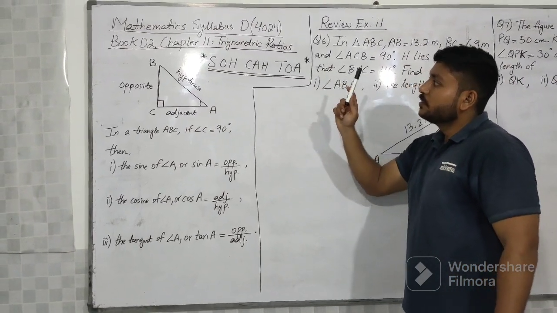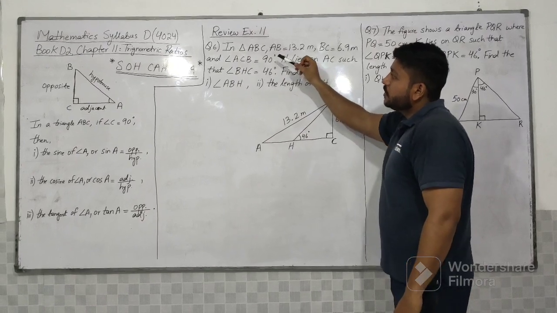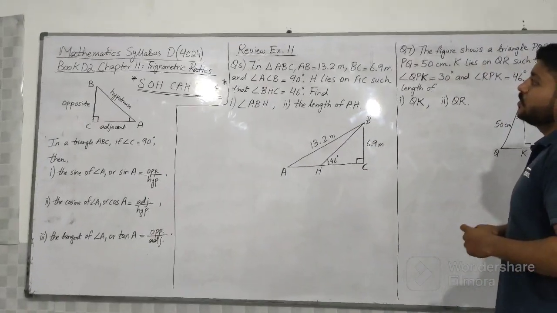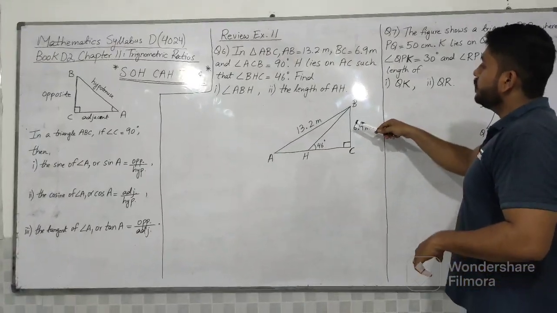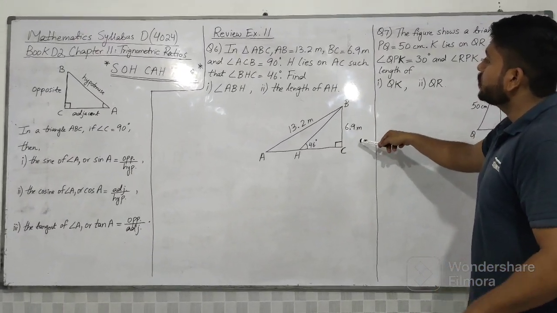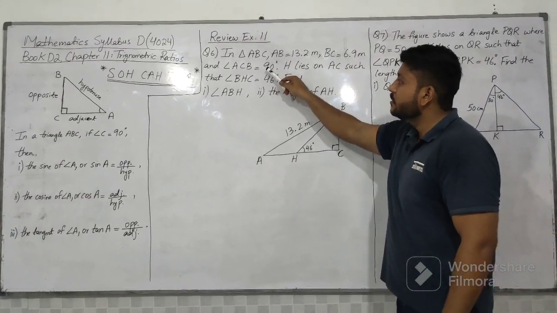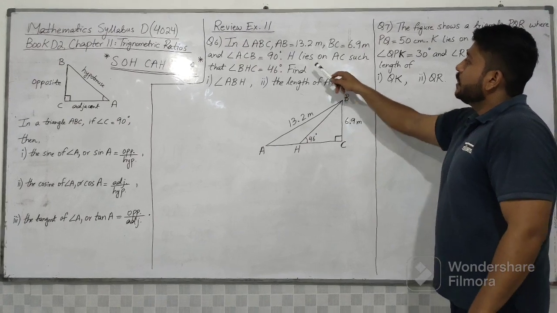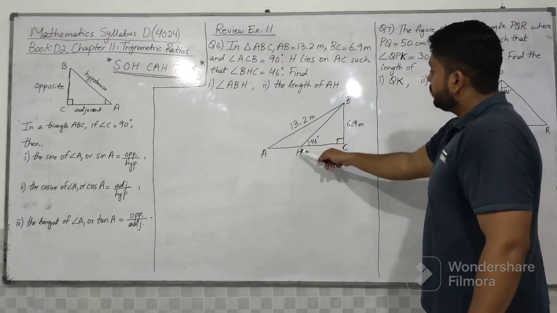So now we will be doing question number 6 of review exercise 11. In this triangle ABC, AB equals 13.2, BC equals 6.9, and angle ACB equals 90 degrees.